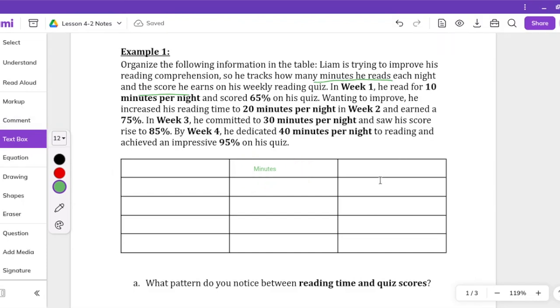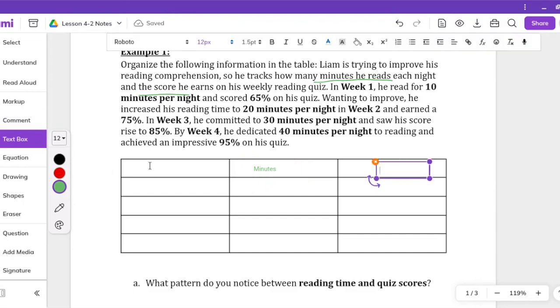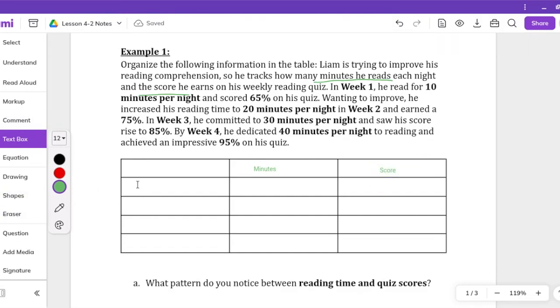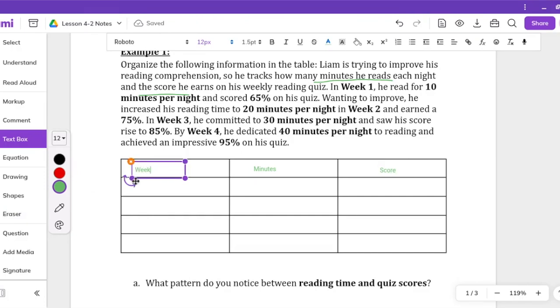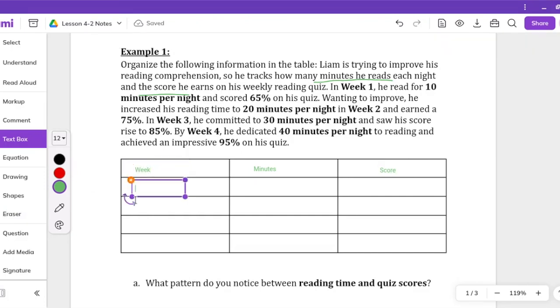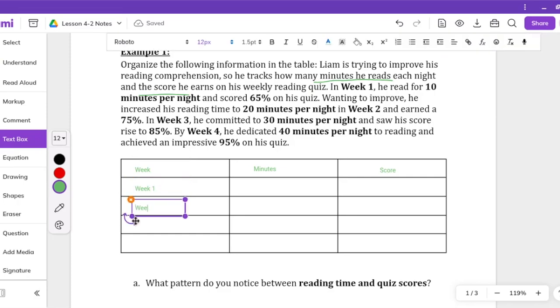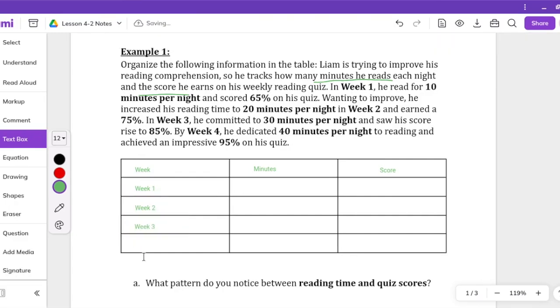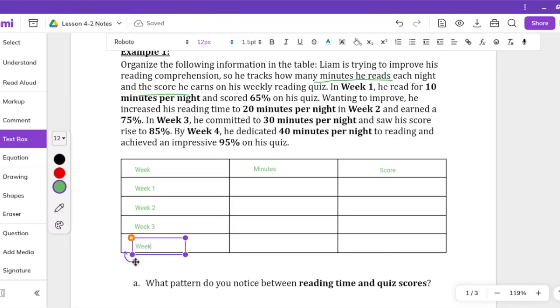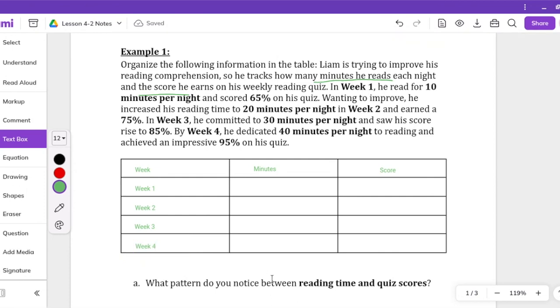And here we'll do score. And then here we can go week. So we do have room to fit it all. Here we go. Okay. Week 1. Week 2. I guess you could just do 1, 2, 3, 4. You don't have to write the word week if we're going to write week up here. Okay.